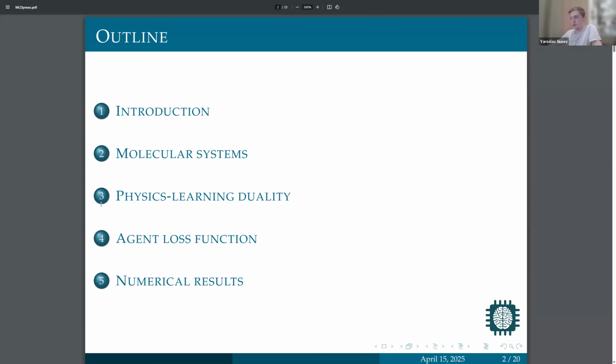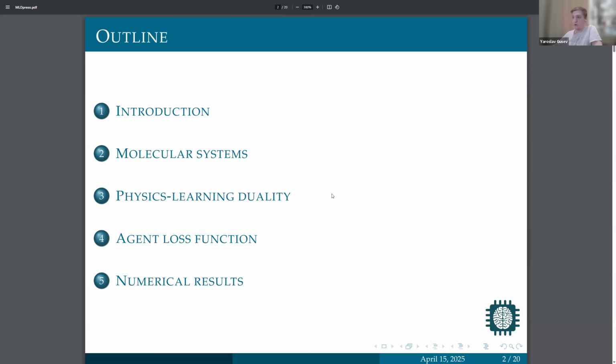And then we'll discuss the third part. We will discuss the physics-learning duality, or how we can develop an alternative interpretation of physical equations of motion as emergent equations from the dynamics of a learning system of agents.